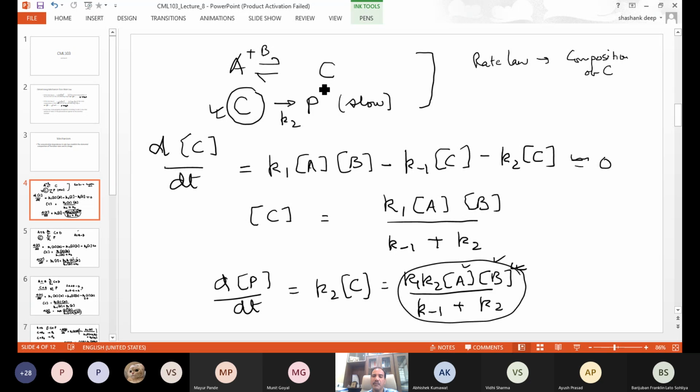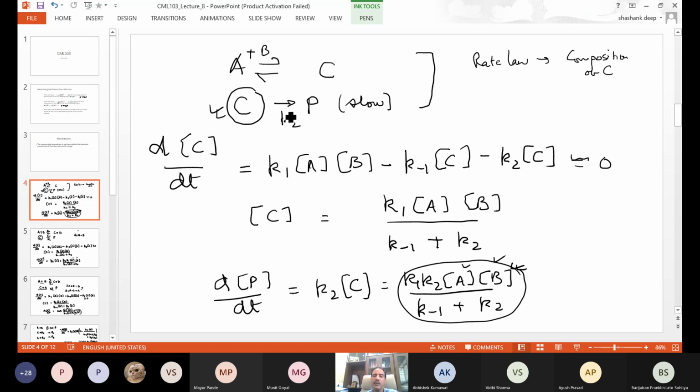A steady state approximation doesn't say that if the first step is fast and the second step is slow, then you can always apply it.